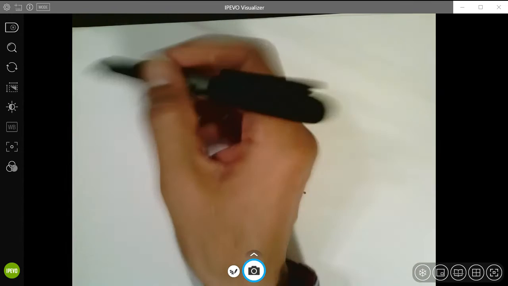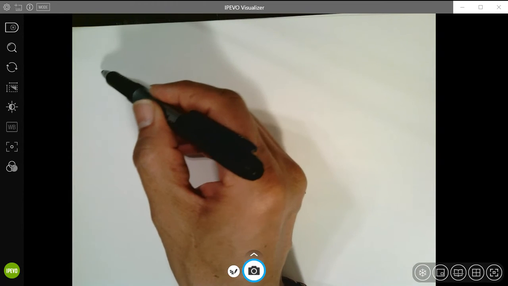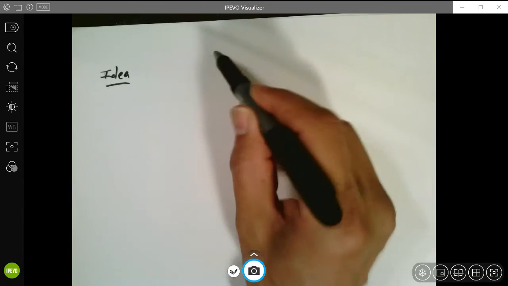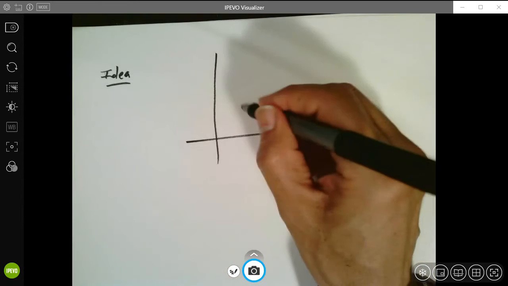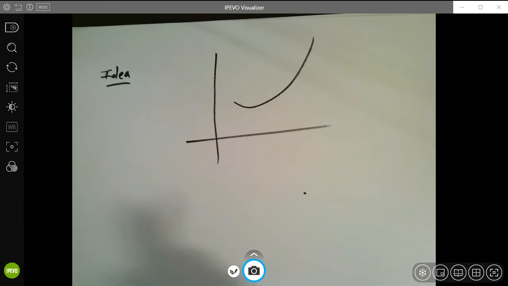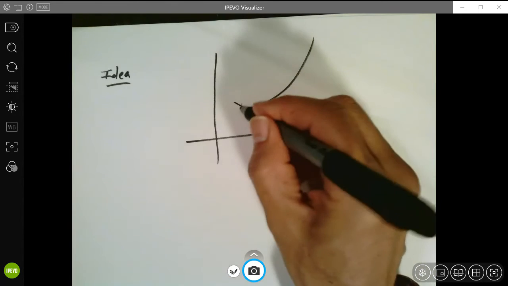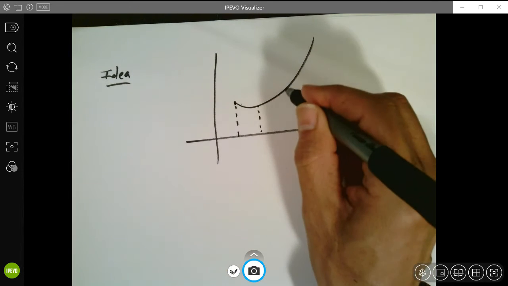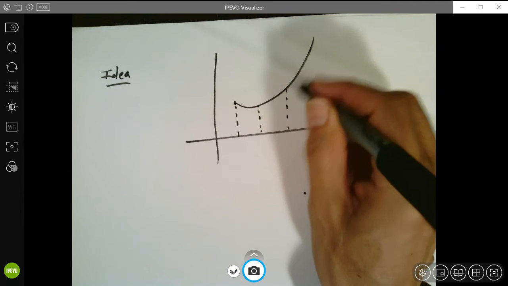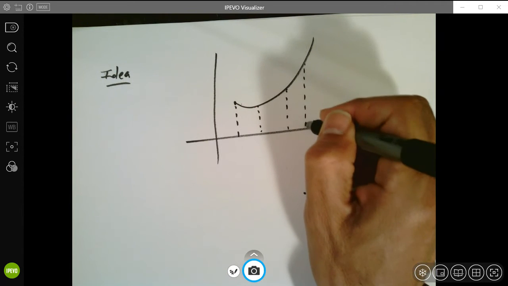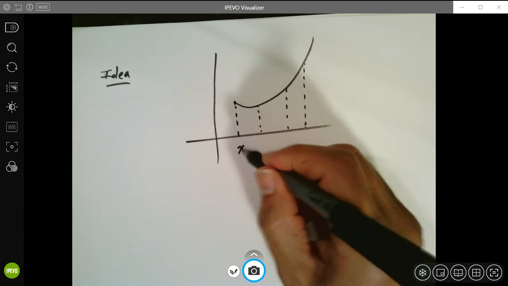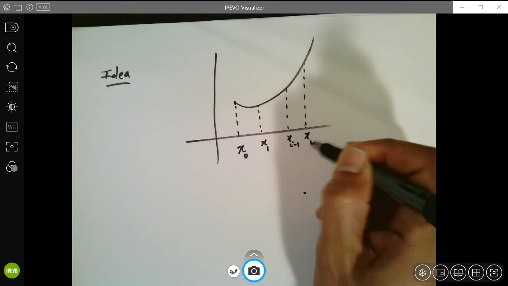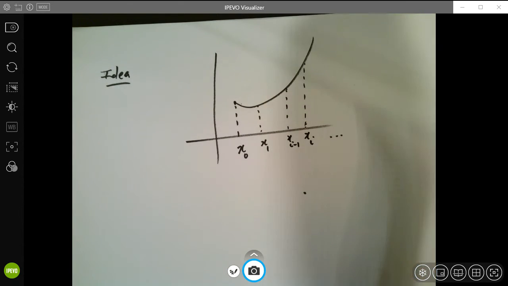Now we use the idea again. You have a function like this, whatever, then you take an approximation. So this is the subdivision, obviously, x1, xi minus 1, xi, etc., all the way to xn.